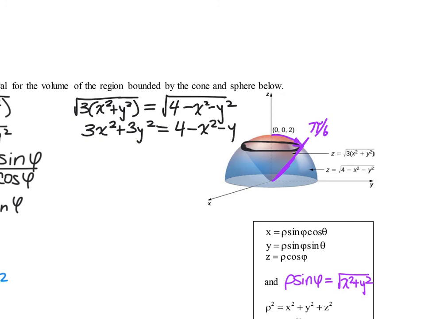The other reason why I don't have a problem taking the time to do this work here is because it's not hard. I'm just going to add a couple of terms to both sides. I'm going to get 4x squared plus 4y squared equals 4. Simplify, and you're going to get the unit circle. Man, that keeps coming up over and over again.